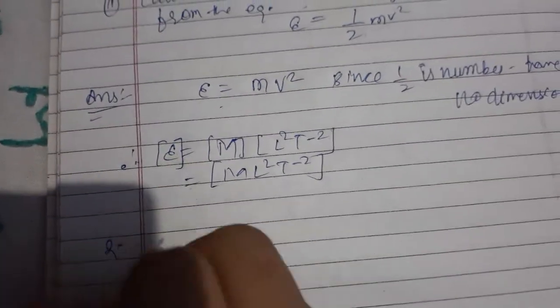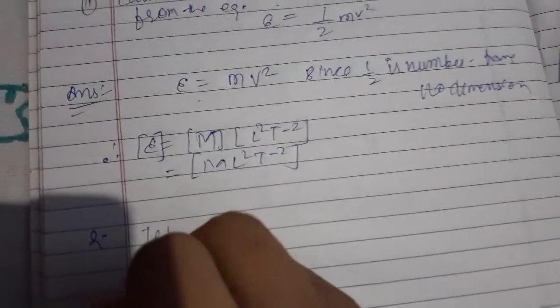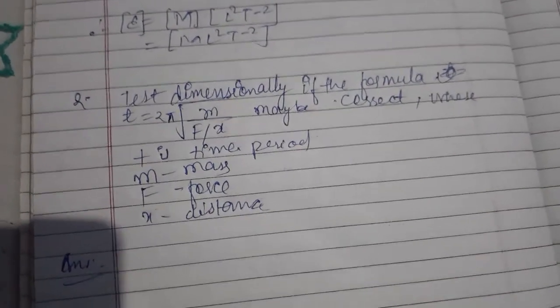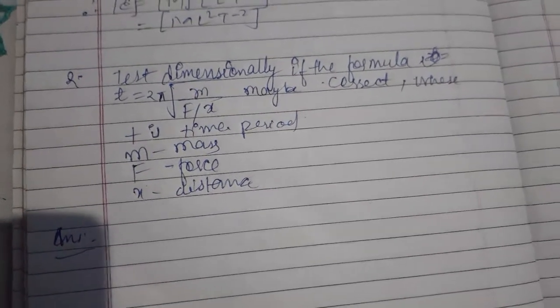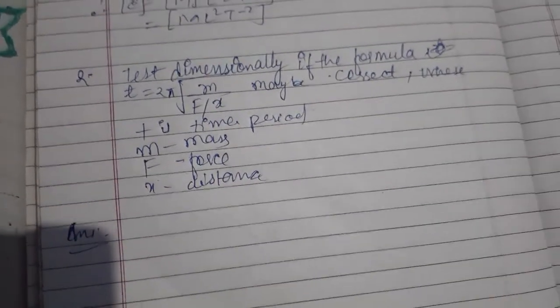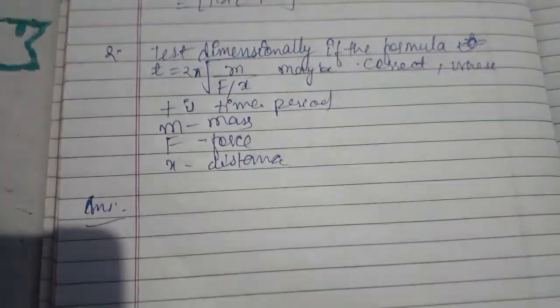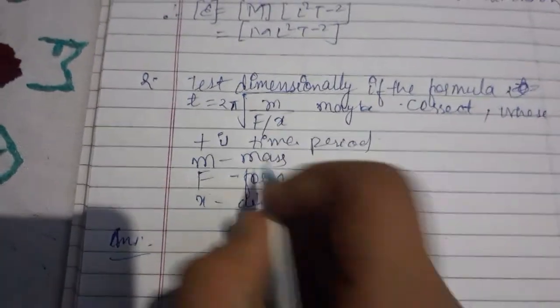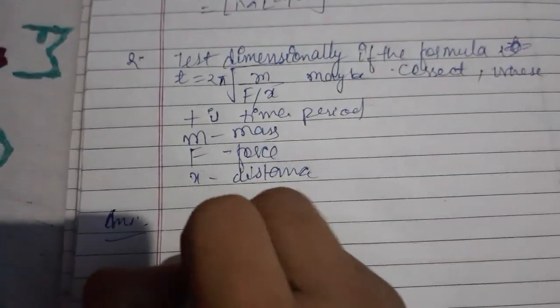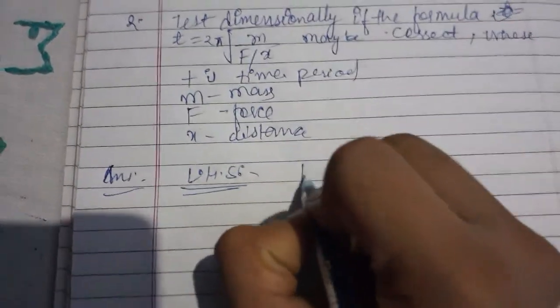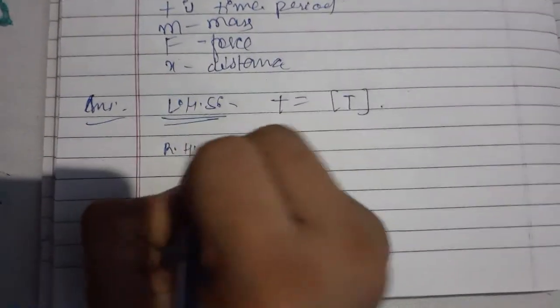Now question number 2 is test. Test dimensionally if the formula of time period T equals 2 pi under root m by f by x may be correct, where T is the time period, m is mass, f is force, and x is the distance. So dimensionally, first of all, we solve the LHS and RHS to prove the equation may be true. So LHS equals T, and now the turn of RHS.